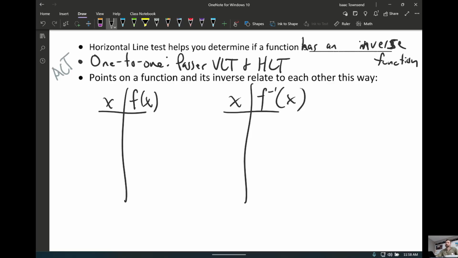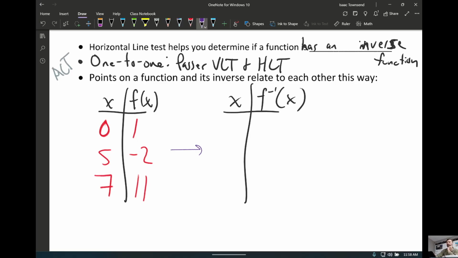So hypothetically, if a function had points at (0, 1), (5, -2), and (7, 11), that means we should also know 3 points about the inverse. Because all an inverse means is you're swapping input and output. You're swapping x and y.